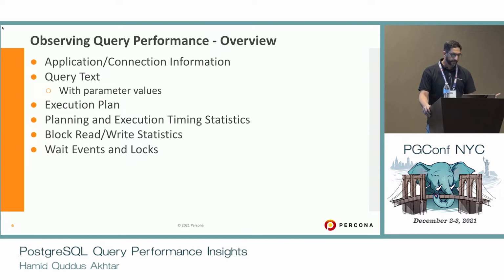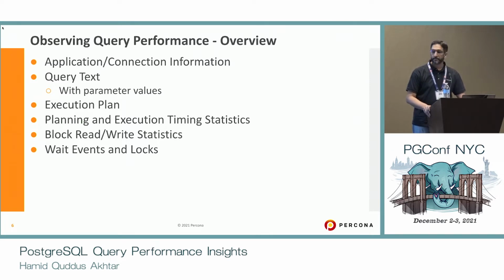We're going to obviously then, once from application to query text, the next point is the execution plan, and that is what defines how the query will be executed, what kind of different steps the server Postgres will take in completing that query processing job. Once that's done, you'd like to know the planning and execution time statistics.